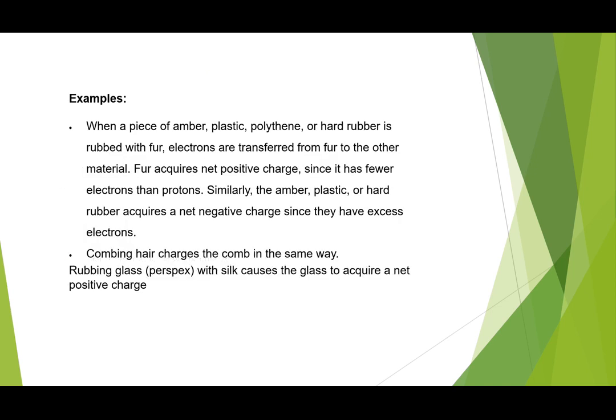Some examples for charging by friction are given. In all these cases, when two objects are rubbed against each other, one of the objects loses electrons and the other gains electrons. The one which is losing electrons is positively charged and the one which is gaining electrons is negatively charged.